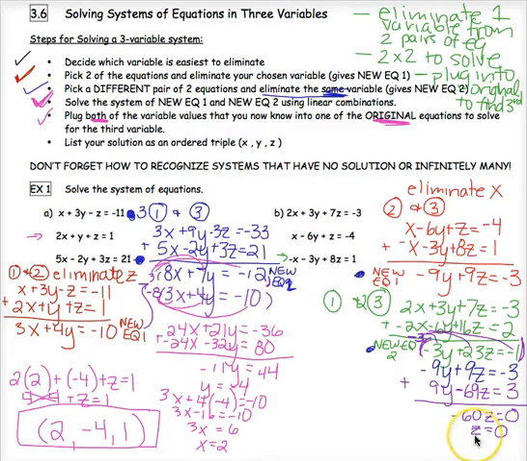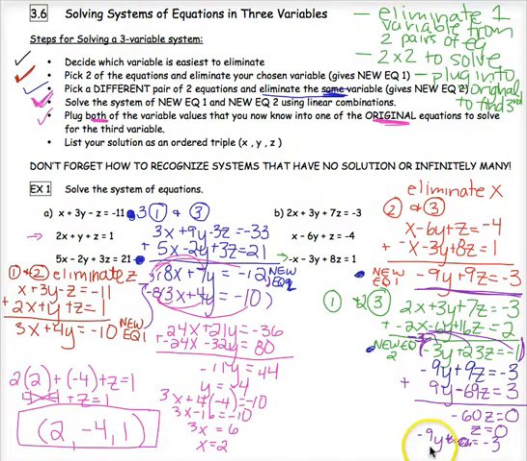So take that 0, plug it back into one of your new equations here, doesn't matter which one, and find y. So if I plug it into this one, negative 9y plus 9 times 0, which we know is 0, equals negative 3. So a plus 0 we don't really need.